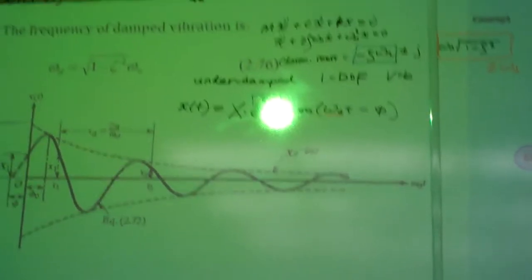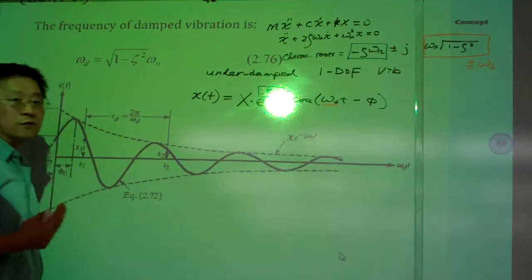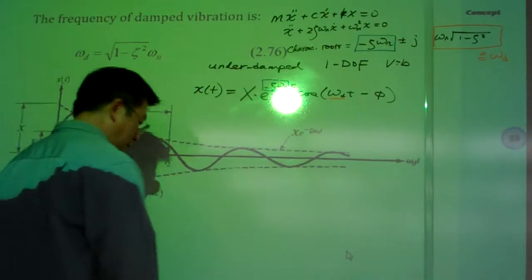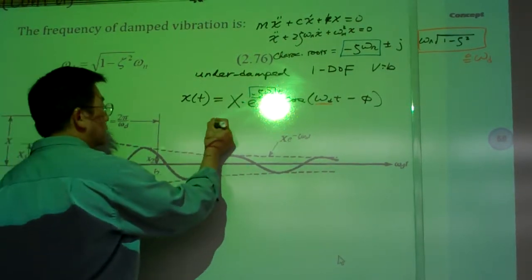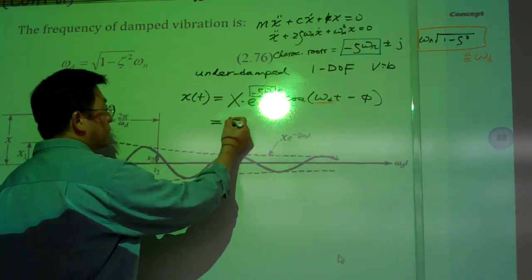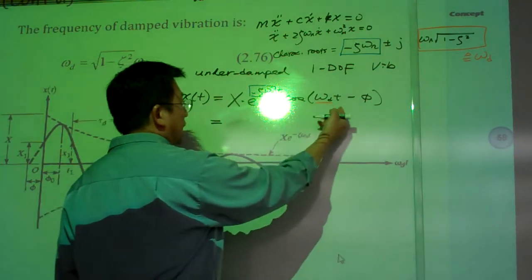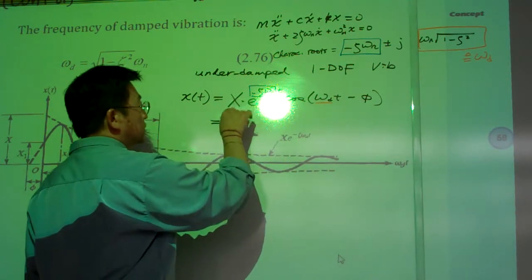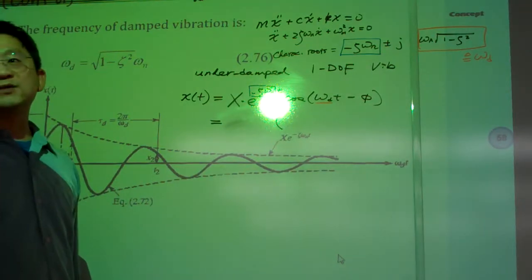In this form, the capital X and phi, the two unknown variables, we can solve by two initial conditions. Equivalent descriptions of this form can also be written as the oscillation cosine with a phase angle. These terms together with X you can decompose into a combination of sine plus cosine.